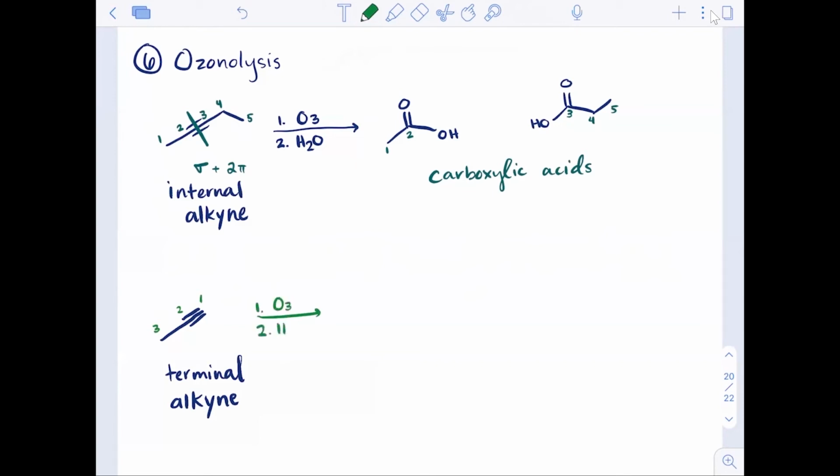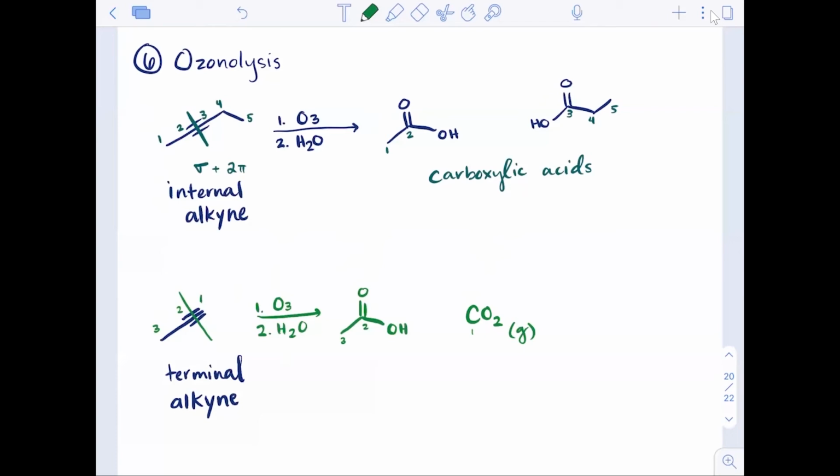With ozonolysis of a terminal alkyne, we again split everything apart. Carbon number 2 will make the carboxylic acid. Carbon number 1, because it's terminal, gets fully oxidized and it becomes carbon dioxide. This is carbon number 1. I just wanted to make that atom count a little bit smaller, and it does bubble out of solution.